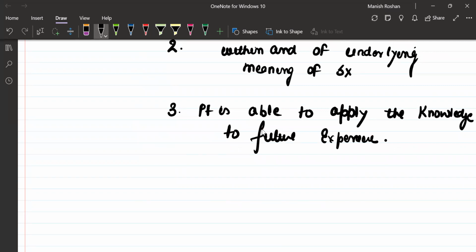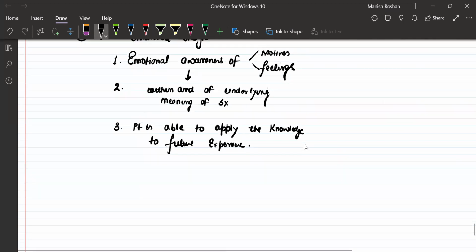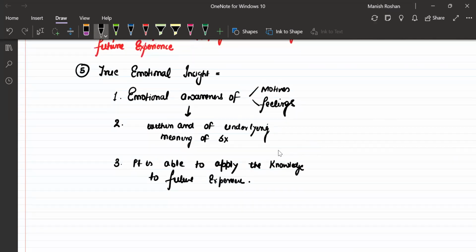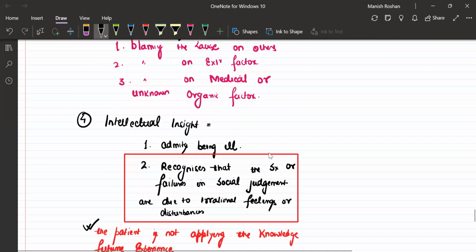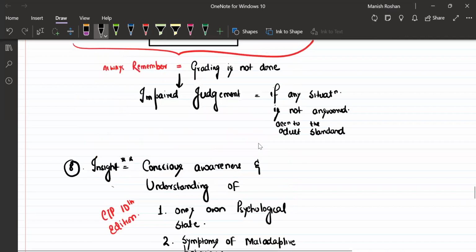So these are the 5 levels or degrees of insight that you have to read. Forget all the past classifications, like whatever they used to give, 0 to 6 or 0 to 5. These are the 5 degrees of insight mentioned according to CTP 10th edition.